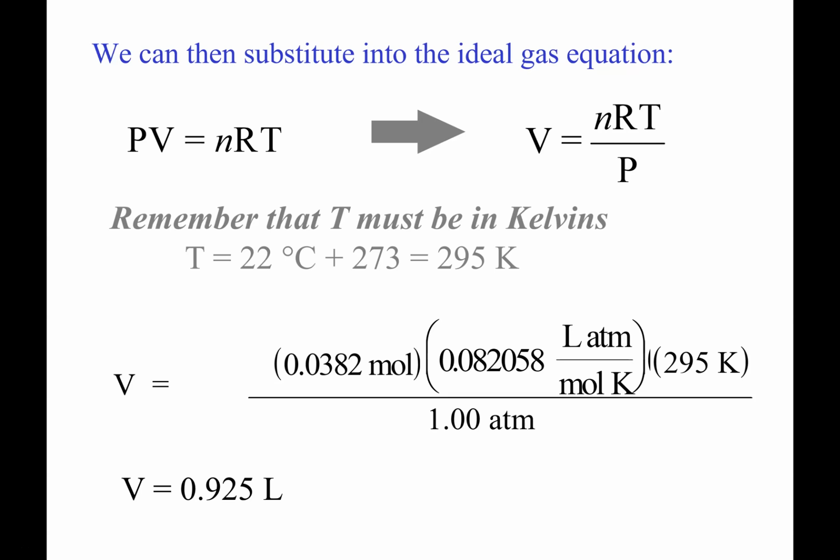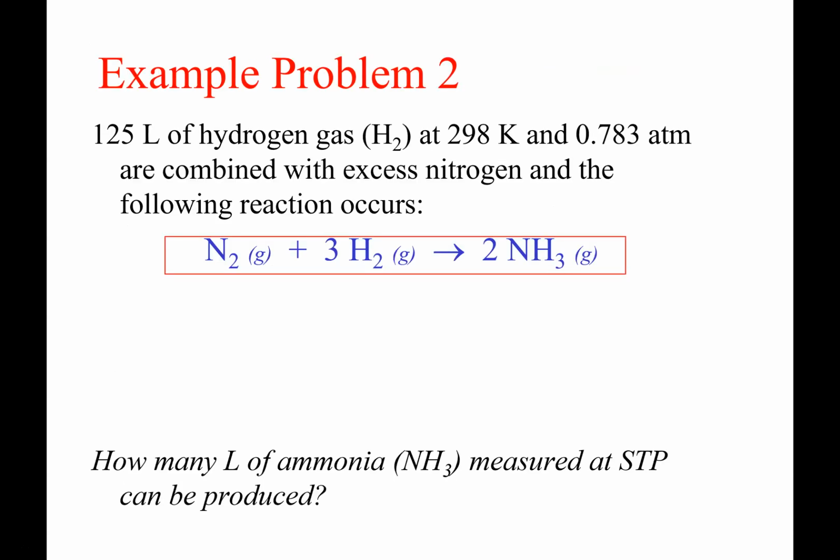Okay. But wait, there's more. There's always more. Okay, we can do this one. That's probably the last one. Since I can't write underneath it, I'm going to rewrite the balanced equation and see what we got. N2 gas combines with 3 moles of H2 gas to form 2 moles of NH3, also gas.